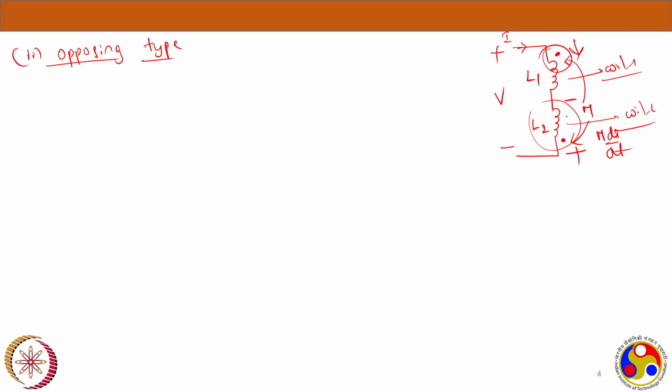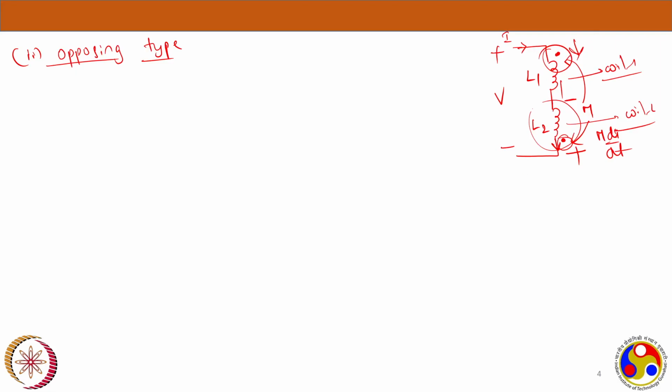Okay, now let's see the coil 2 scenario. The current is passing in this way, and it is coming in this way, entering coil 2 and leaving at the dotted terminal. Yeah, that's the only change from the aiding type circuit. Now, since the current is leaving the dotted terminal, it will induce a voltage in the other coil with negative polarity at the dotted terminal.